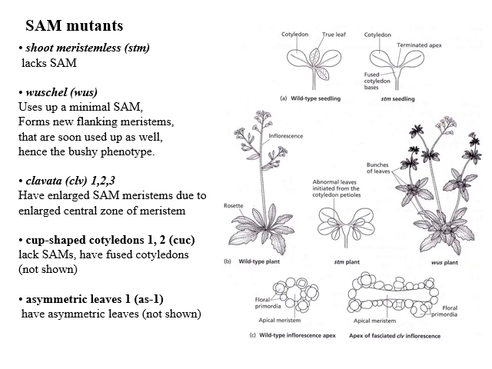This phenotype comes from the fact that it has a fairly small shoot apical meristem from the beginning, and uses up that meristem fairly quickly, and then it forms new flanking meristems that are soon used up as well, resulting in the bushy phenotype.